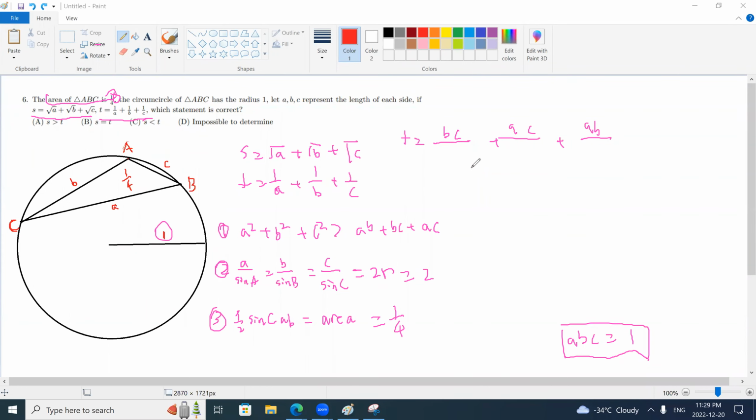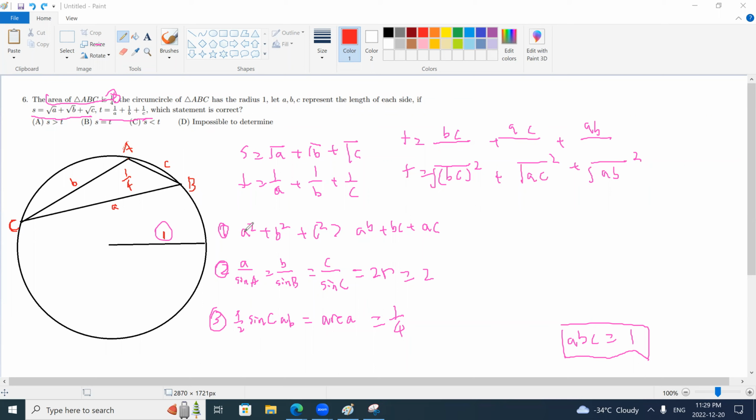Instead of writing them like this, I actually want to change them just slightly. So let's do the square root of bc squared plus the square root of ac squared plus the square root of ab squared. Now let's just apply them to the formula.